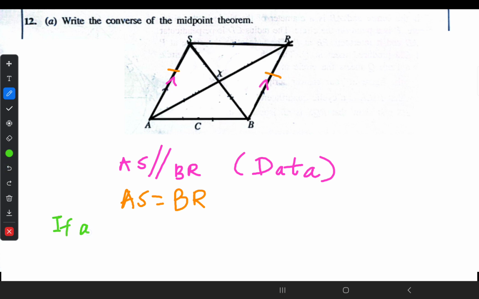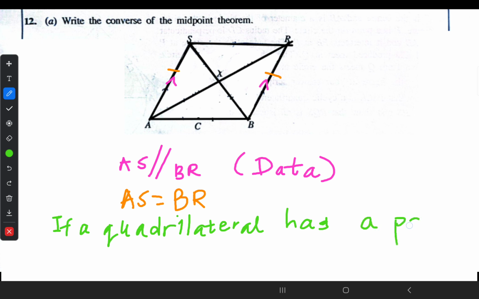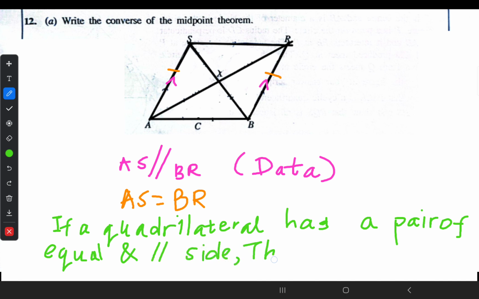If a quadrilateral has a pair of equal and parallel sides, that is a parallelogram. Earlier also I mentioned that this is only a quadrilateral. We don't know whether this is a parallelogram or a rhombus.